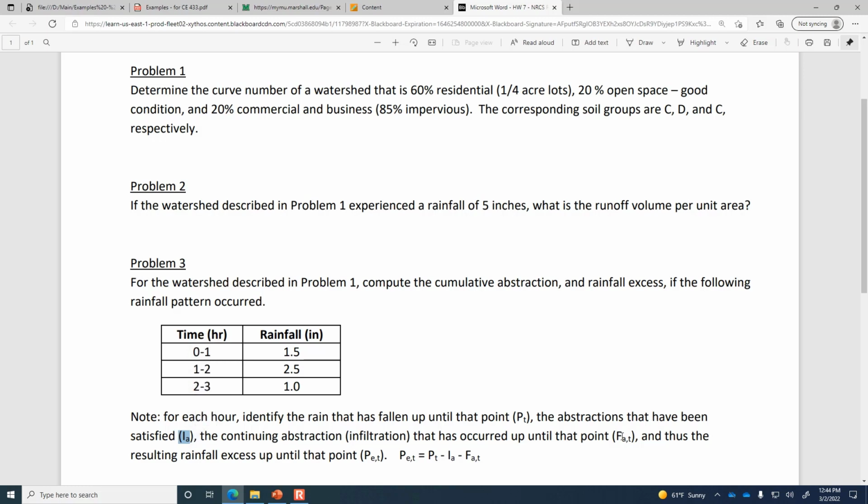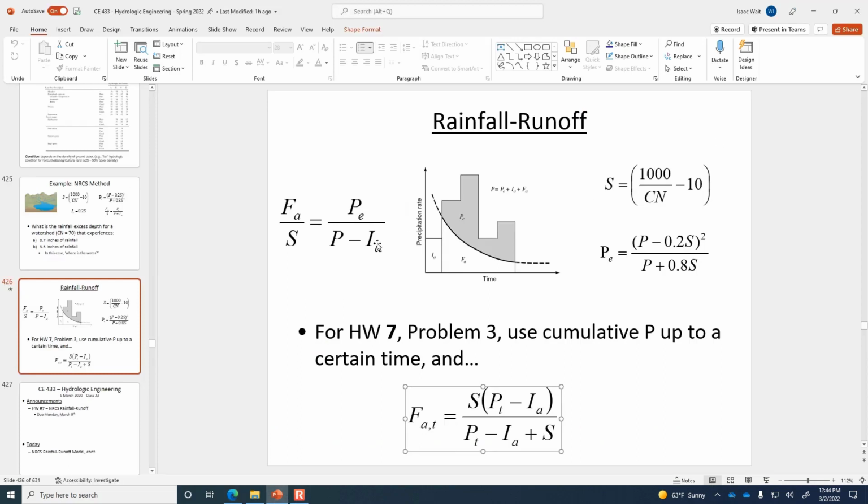And then how much of the retention has occurred up to that point? So basically you're doing a mass balance on an hour-by-hour basis. The hint I wanted to give you is that the precipitation is cumulative. So during the first hour you have 1.5 inches of precipitation, but at the end of the second hour, you have a total of 4 inches, because it was the 1.5 in the first hour and the 2.5 in the second. And so in this formula that we've just looked at, P is the cumulative precipitation amount that's occurred up to a certain point in time.